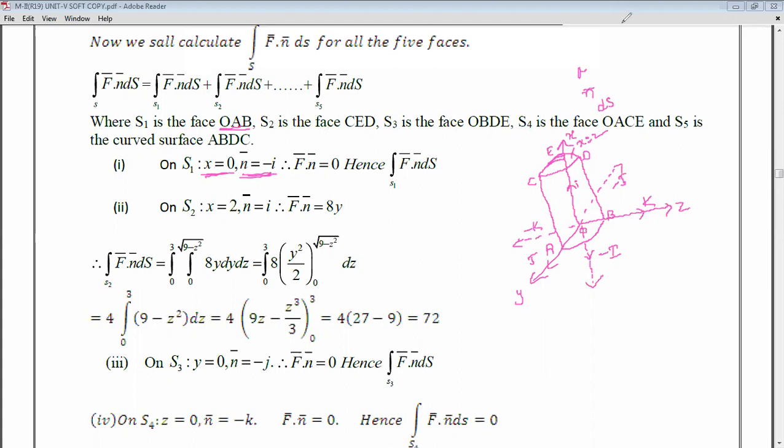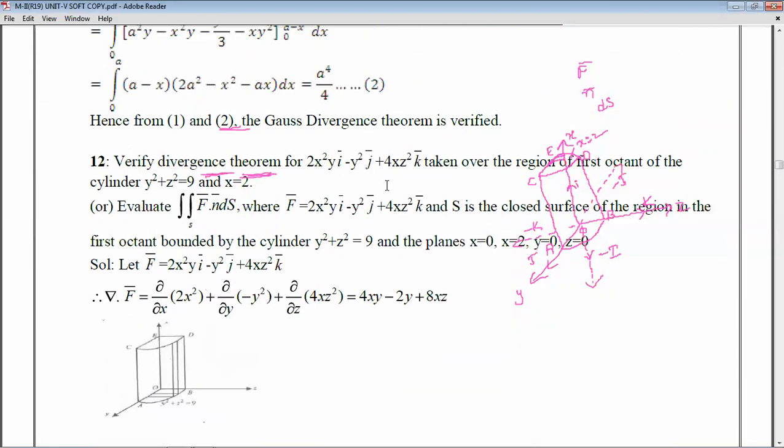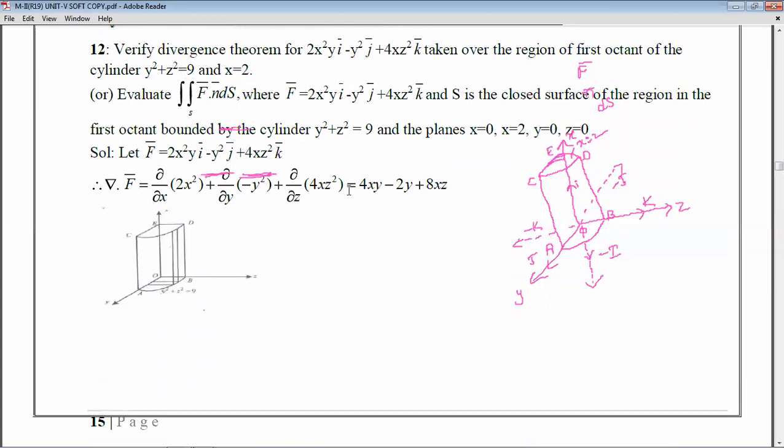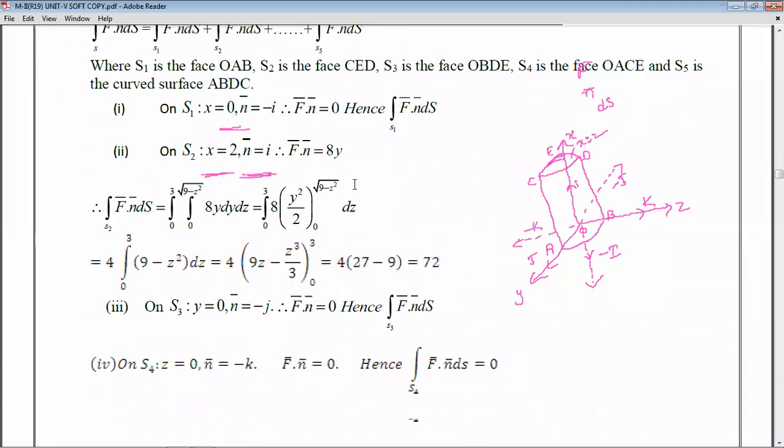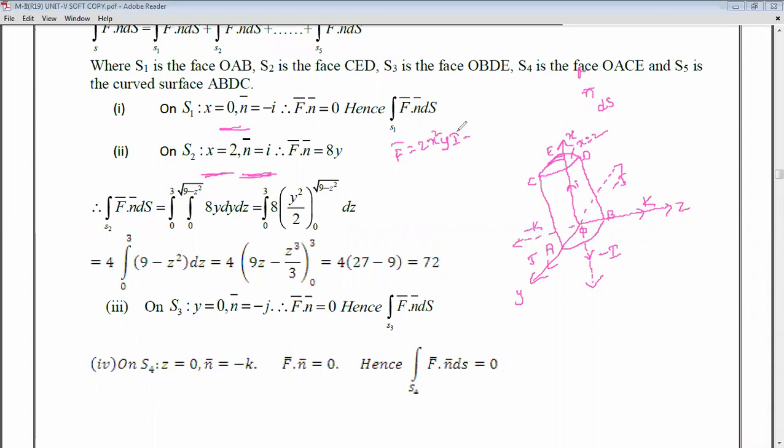F bar is 2x square y i minus y square z plus 4x z square k. Right? This is F bar.